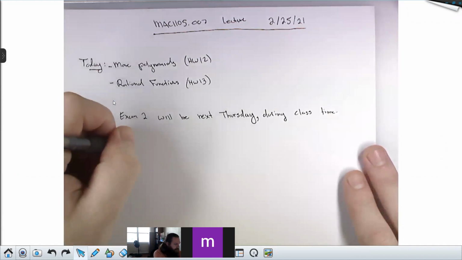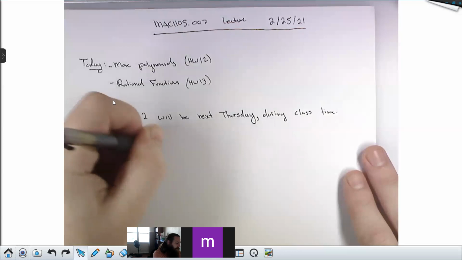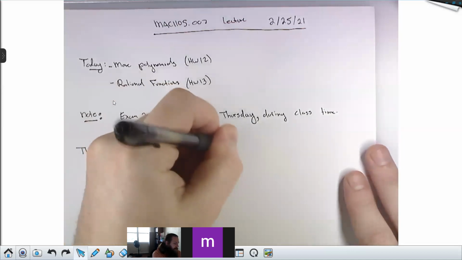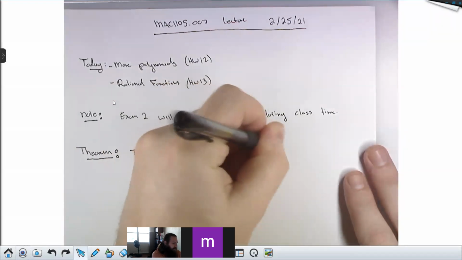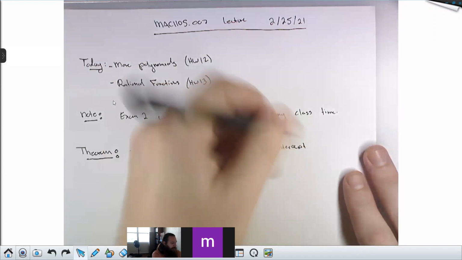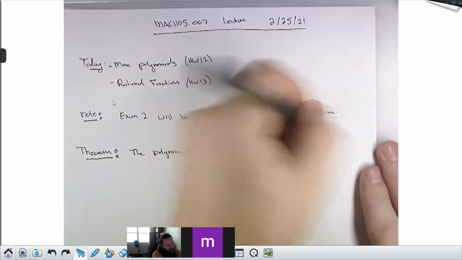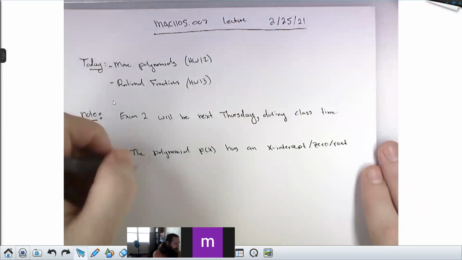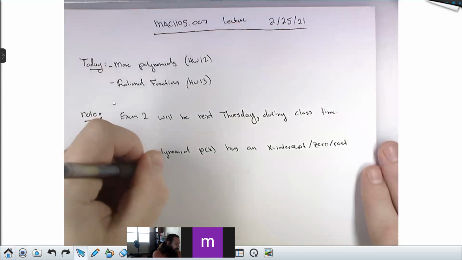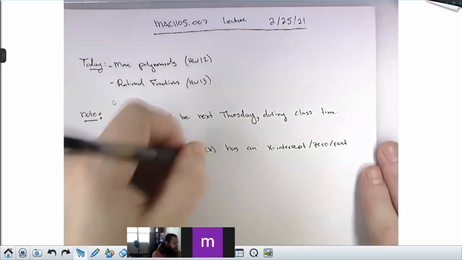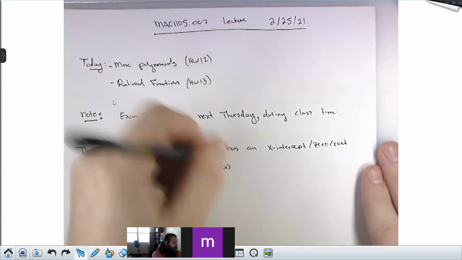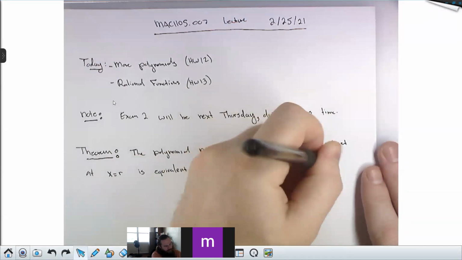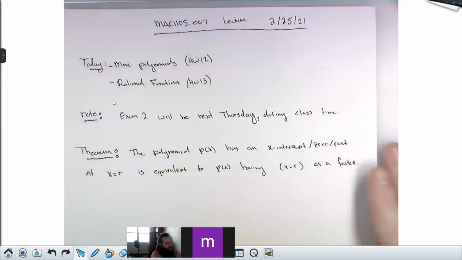And that just says that the polynomial P of x has an x-intercept, which is also sometimes called a zero or a root, at x equals r, is equivalent to P of x having x minus r as a factor.